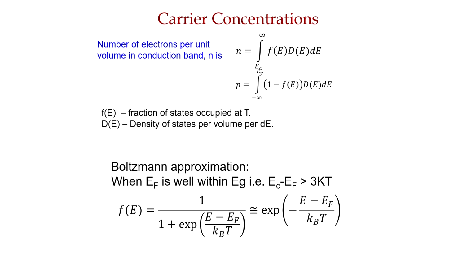So, the carrier concentration I can define as the number of electrons per unit volume in the conduction band. So, now what is the number of carriers? It is equal to the product of, basically I can say, density of states.